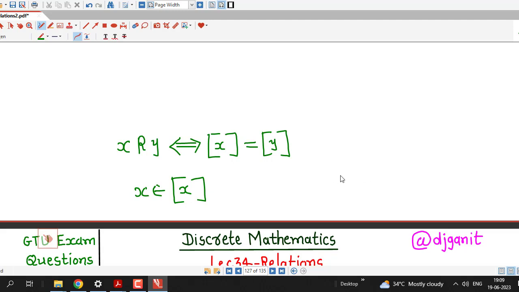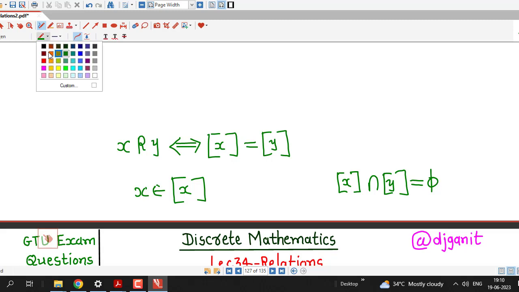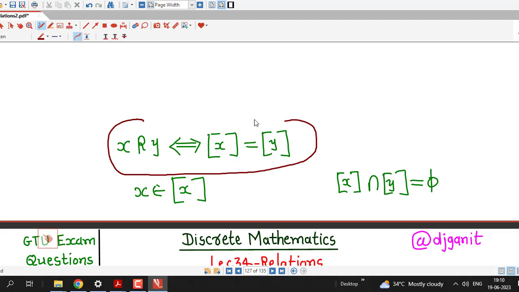We also know that if we consider any two equivalence classes, then either they are equal or disjoint, that is, their intersection is the empty set. Using this property, first we can find the equivalence class for certain integers, and then we can write down the equivalence classes corresponding to other integers, or we will see that we will have a finite number of distinct equivalence classes.